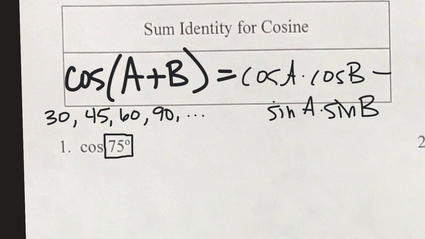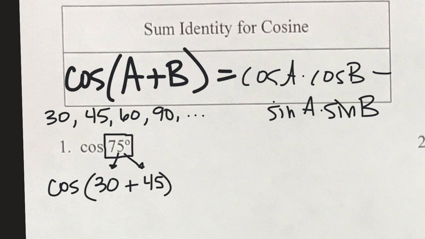The first thing that we want to do on all of these problems is find two angles from your unit circle that add up to 75. Two angles from your unit circle that add up to 75. 30 and 45 are two excellent angles that add up to 75.